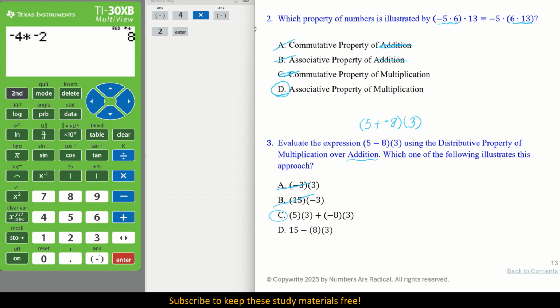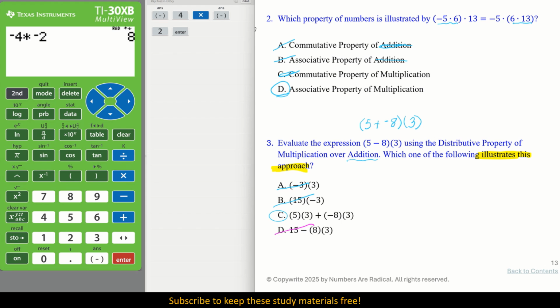I don't think it's incorrect, but does it, keyword, illustrate the approach? No, it does not illustrate the approach. In this question, it's almost like those questions where they say, what is the best thing to do for the student? What is the best way to teach this particular topic?